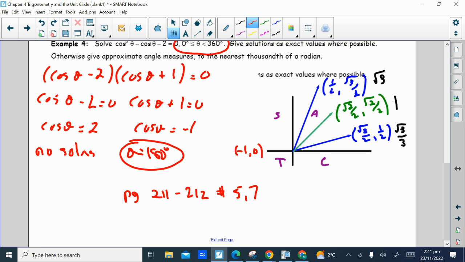So we'll revisit those again, see where those values come from, and then we're going to do transformations on them, just like we did in chapters 1, 2, and 3. We're going to vertically stretch trig functions. We're going to horizontally stretch them. Okay? We're going to shift them, and you're going to have fun. It's going to be very fun.